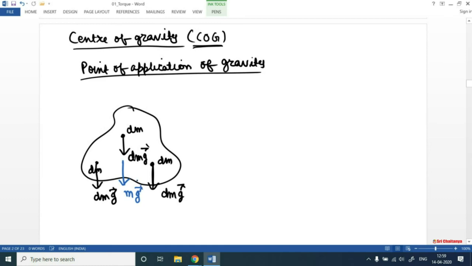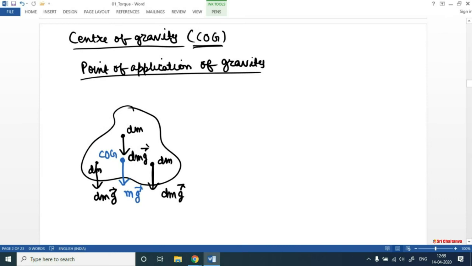In order to have the same effect of torque, we need to apply it at a given point. Net force would effectively be applied at one point, and that point of application in this case would be termed as center of gravity.